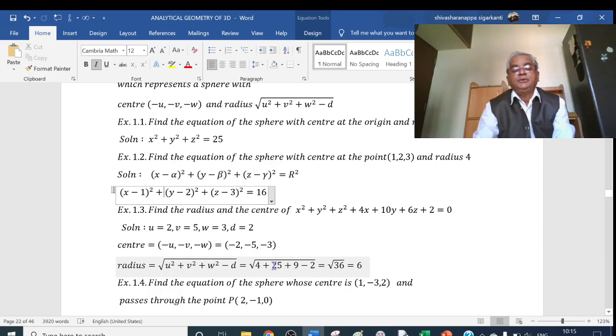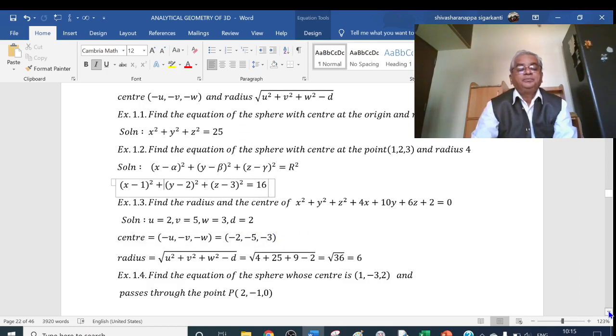So 4 + 25 is 29, 29 + 9 is 38, minus 2 is 36. Root of 36 is equal to 6. That is, 6 is the radius and (−2, −5, −3) is the center of the sphere.